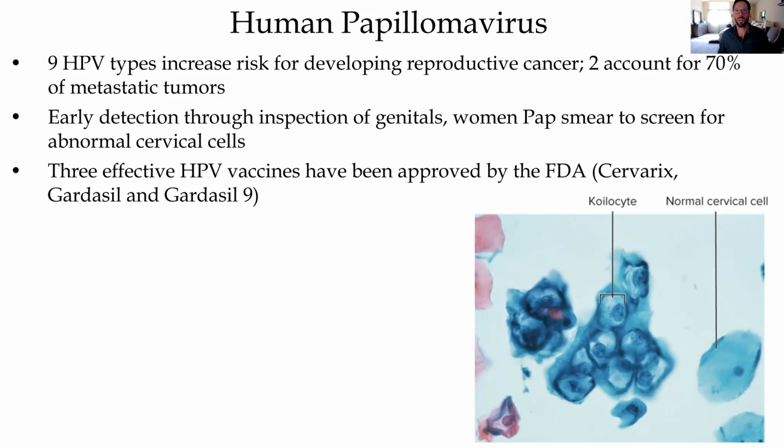And so the way to detect a cervical cancer or some other kind of cancer that's being driven by a papilloma virus is to do routine screens, one of which is the pap smear. What that does is it allows the pathologist to look at these cells, and here's a normal cervical cell, and here's what's called a coilocyte.